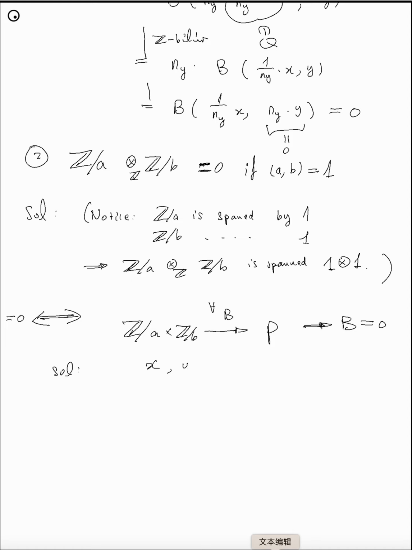You take any x and y, and because their greatest common divisor is 1, b(x, y) is actually 1 times b(x, y), but this is bilinear. I can write 1 as s times a plus t times b. There exist some integers s, t, by Bézout's formula or something.